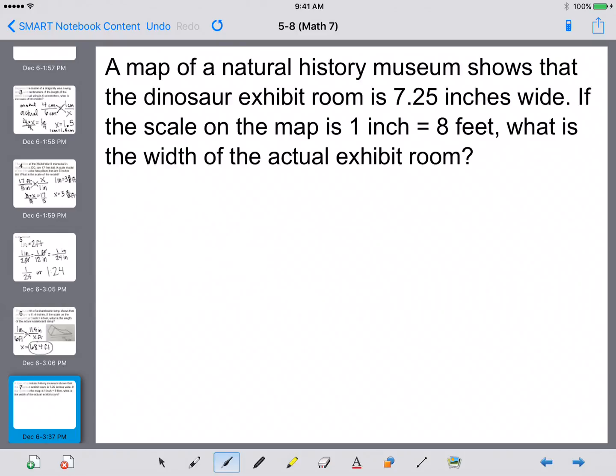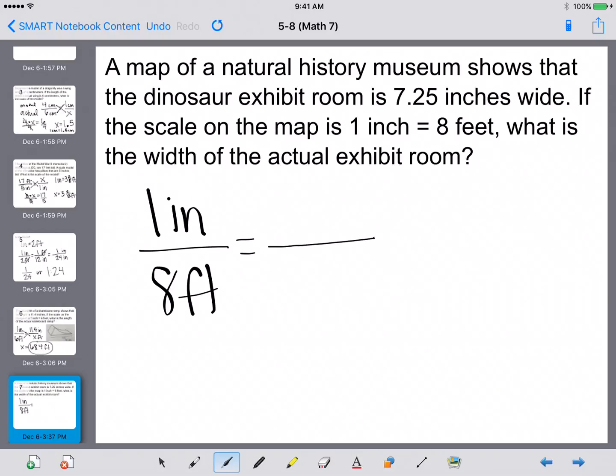Okay, so here we know that our scale is 1 inch to 8 feet. If our model is 7.25 inches wide, how big is our actual room?